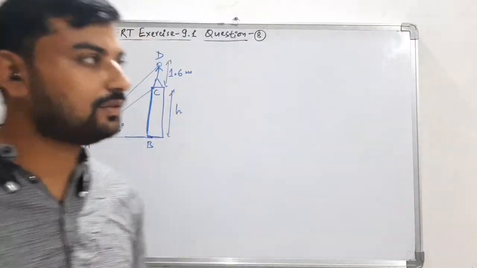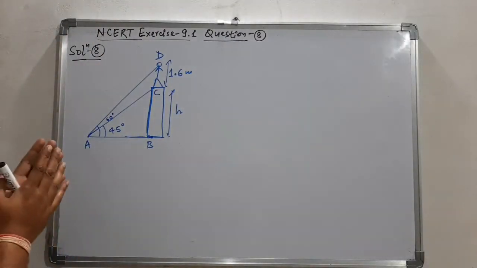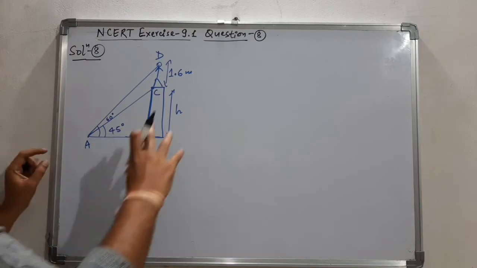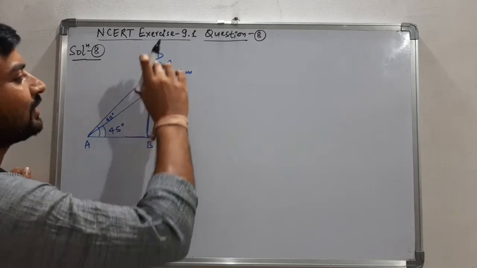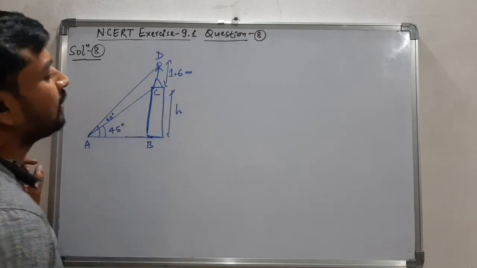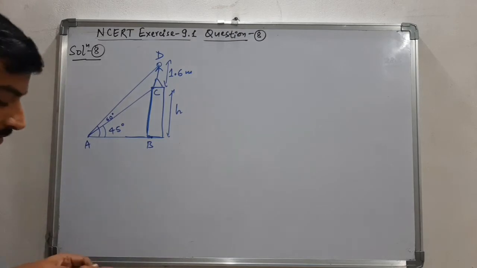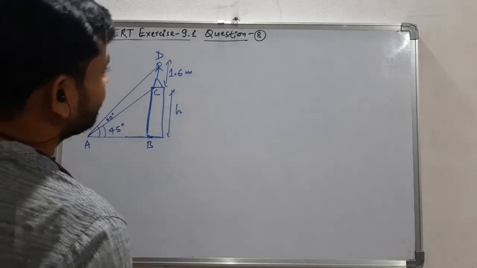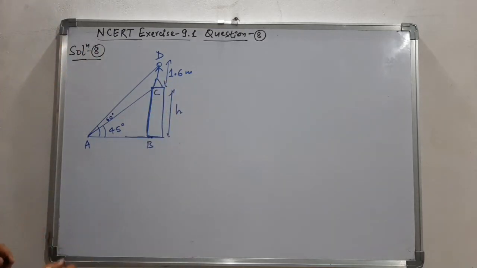Here in this question, we have a question similar to the previous question, but the difference is that we have a pedestal where one statue is installed. The height of the pedestal is not given to us, which we have to calculate. The statue has a height of 1.6 meters.